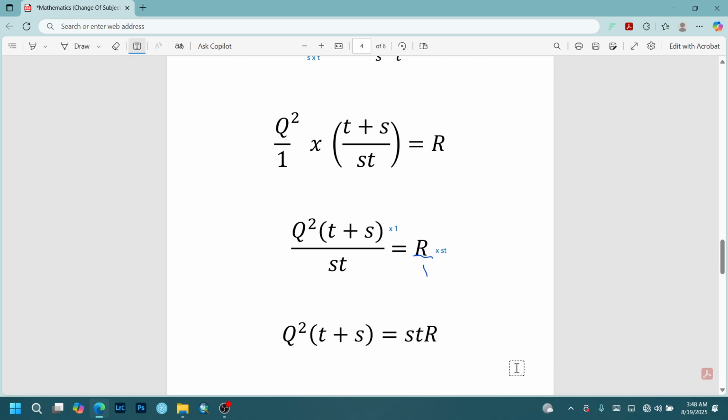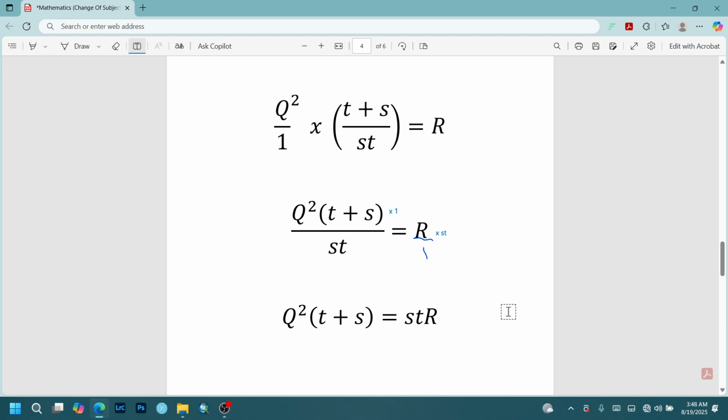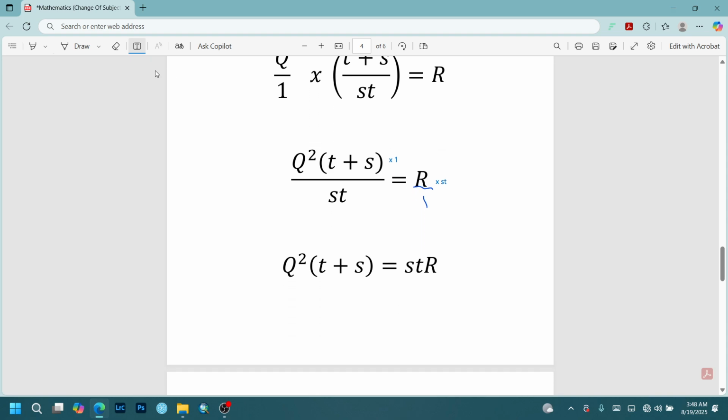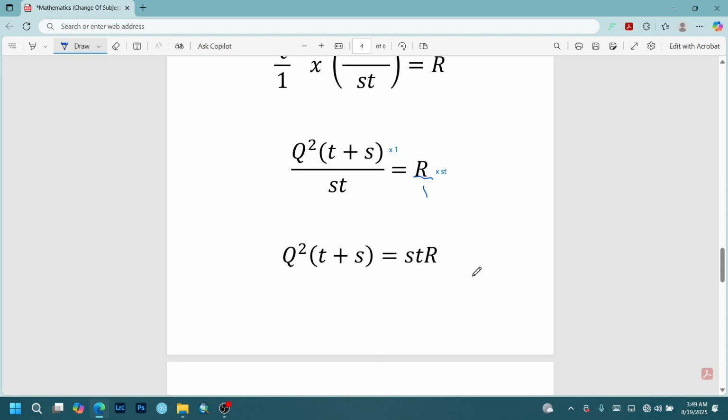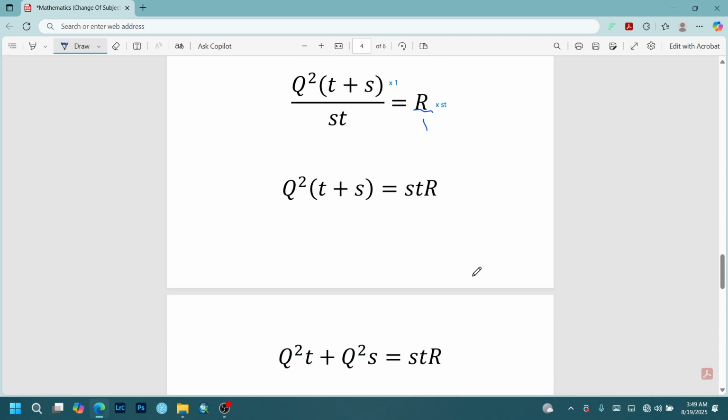So we are going to have our new equation to become k square multiplying t plus s, all in brackets, times 1, which will give you the same k square multiplying t plus s, all in brackets, because every number multiplying 1 is that same number, right? And also r multiplying st will give you str, right? So we do some expansion afterwards, right? So we have our new equation to be k square multiplying t plus s, in brackets, equals str, right?